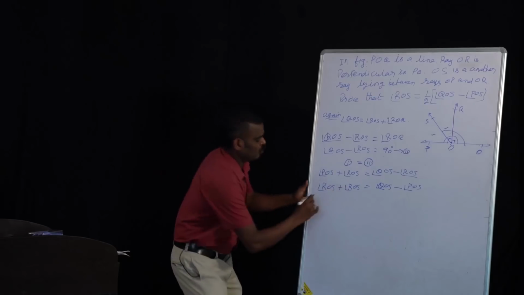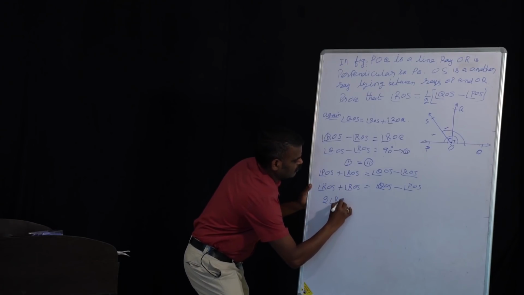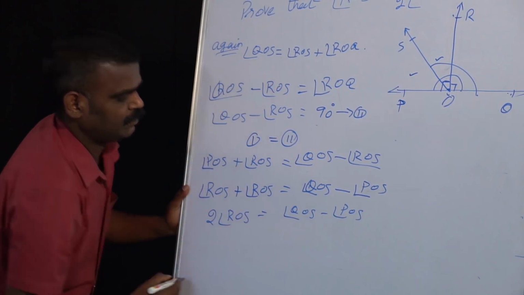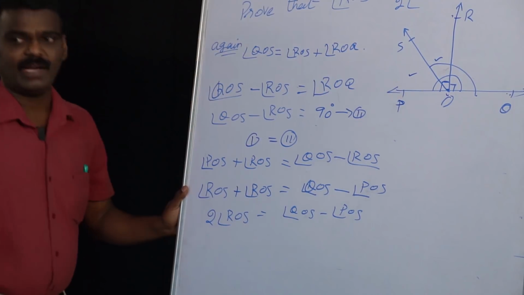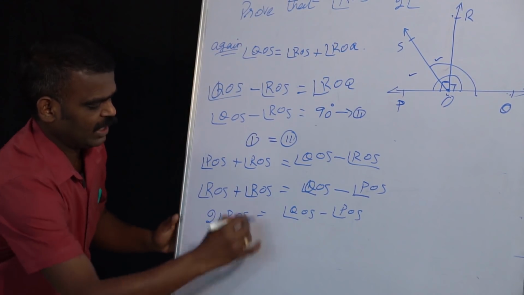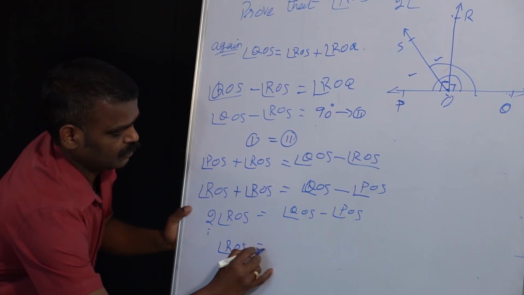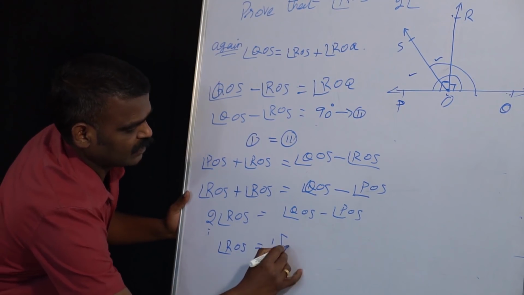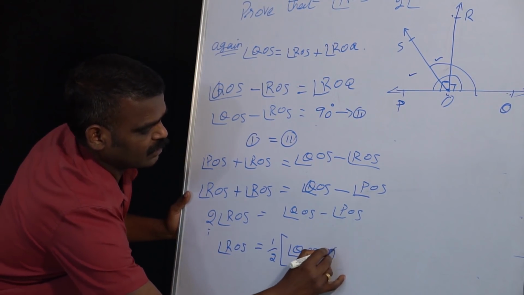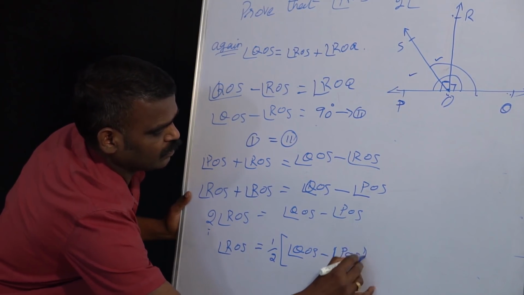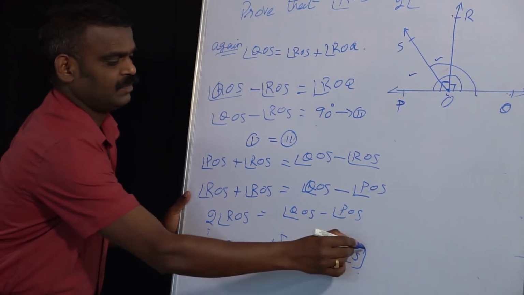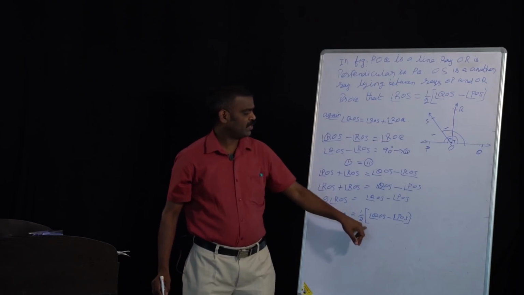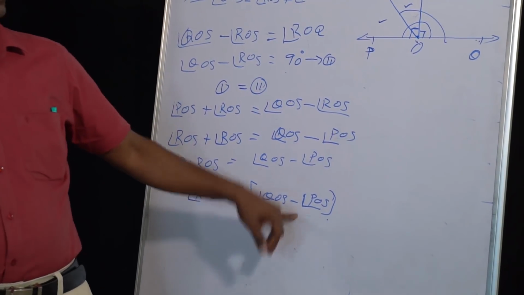There are two ROS, one ROS plus one ROS. All numbers have one denominator, so you take it to the other side, it will be inverse, that is 1 by 2. Angle QOS minus angle POS. So ROS equals 1 by 2 of QOS minus POS. So you have done the answer. Okay? Copy down, all of you.